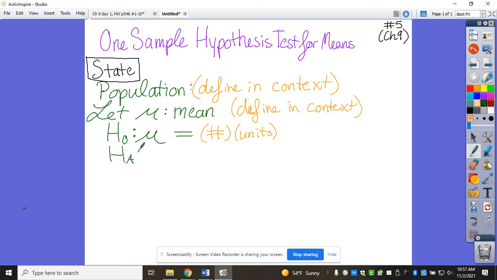H sub A. What do I know is going to go right here? And then I know this is not going to be what? It's not going to be equal. What are my 3 options? And then my same number, my same units. If you want to, you can put an arrow down so it's showing that it's the same thing.